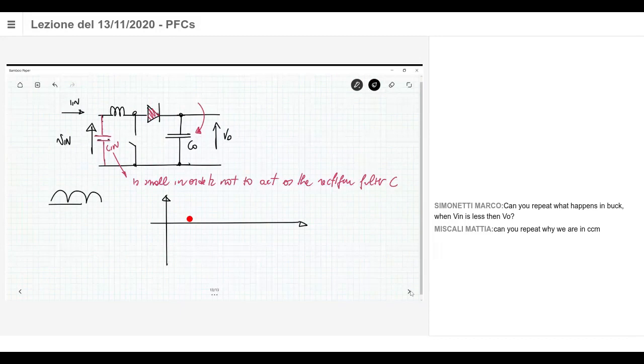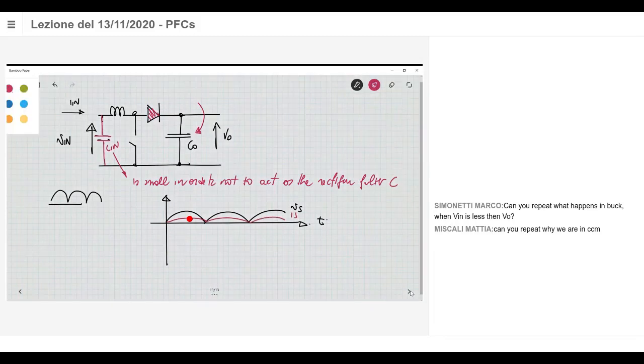Let me draw, for example, the input power. This is Vs, and then I have the current Is.